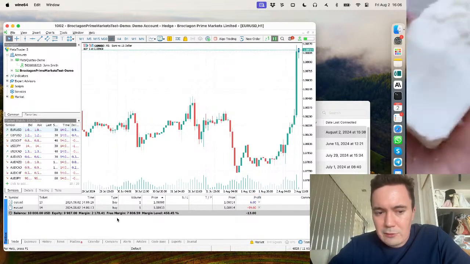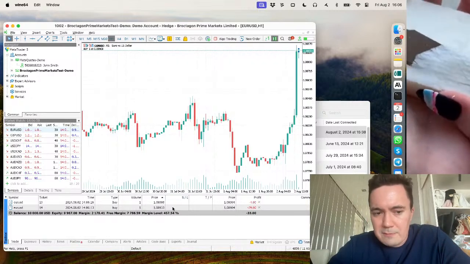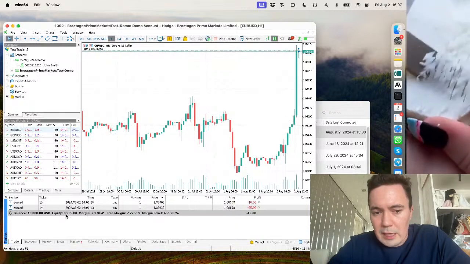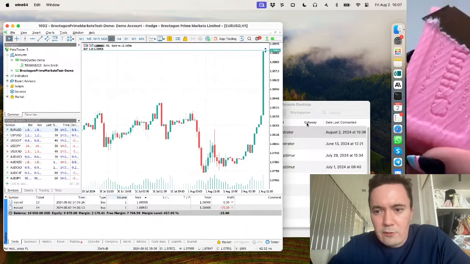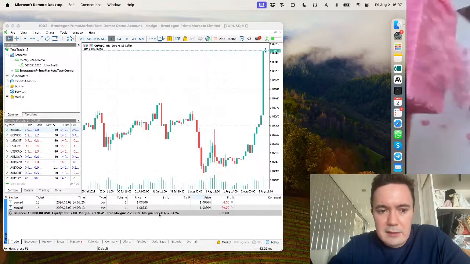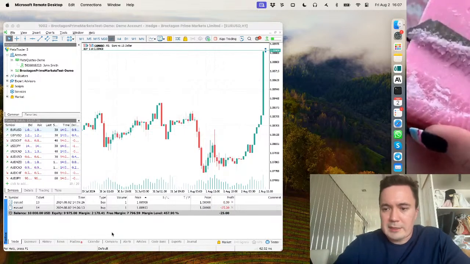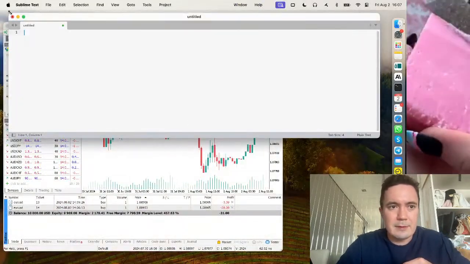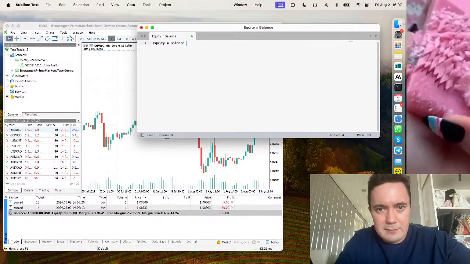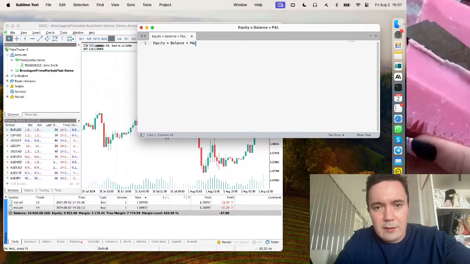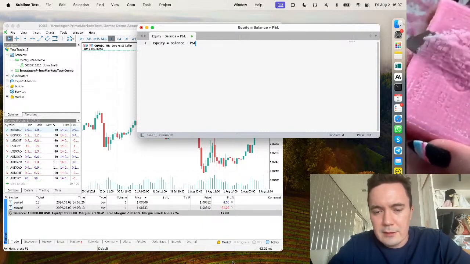Equity shows how much money we would have if we closed these positions right now, so it depends on current time. While we have open positions, the equity changes and shows how much money we would have if we closed all of them exactly right now. Basically, equity is equal to balance plus the so-called current P&L, the current profit and loss among these positions.